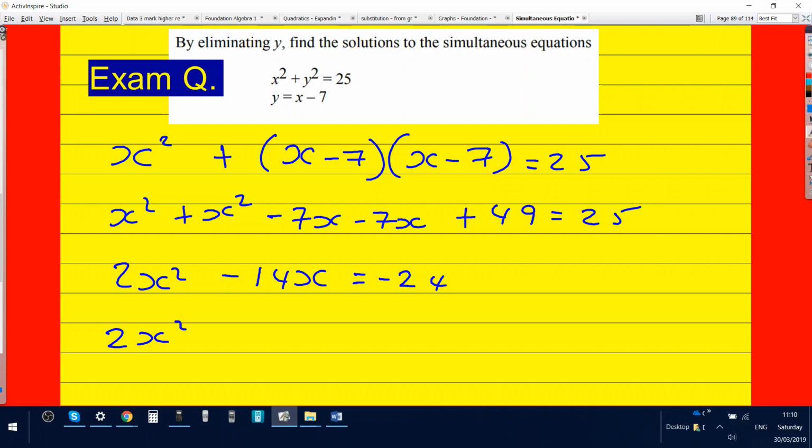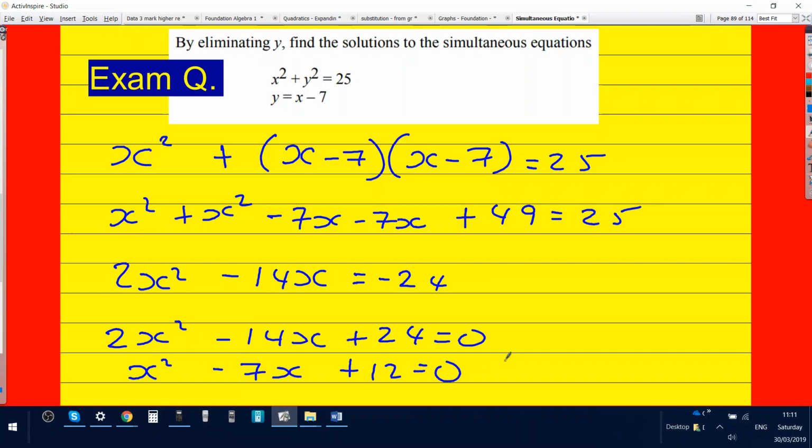Oh. 12 and 2. A whole lot of no. I notice that they're all even numbers. By 2. Yeah. So you get x squared minus 7x plus 12.